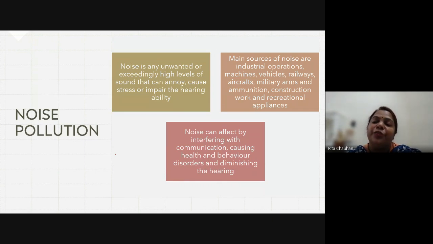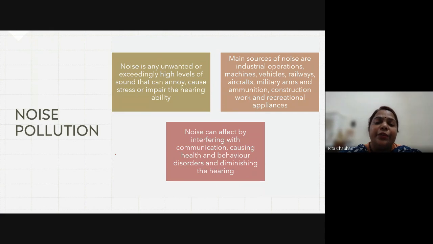Then on roads, we have vehicles, then railways, aircraft, military arms, construction work, even recreational appliances like television and radio. If we listen at high volume, it can cause noise pollution. And noise pollution is very dangerous for small children or for elderly people.